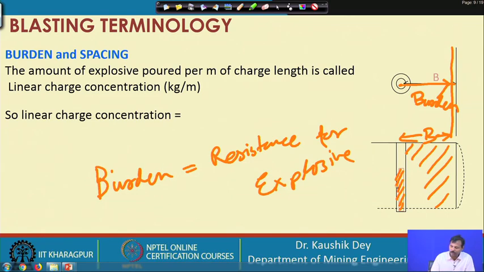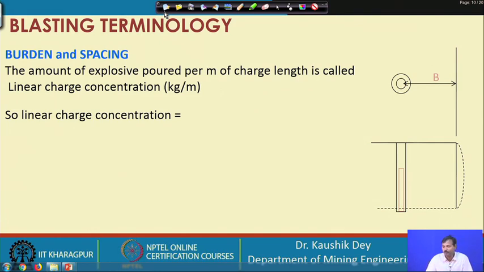So, this charge is required to fragment the burden and the length of the bench height, that much portion of rock is required to be blasted by the explosive. So, burden is basically the distance from the hole to the free face.